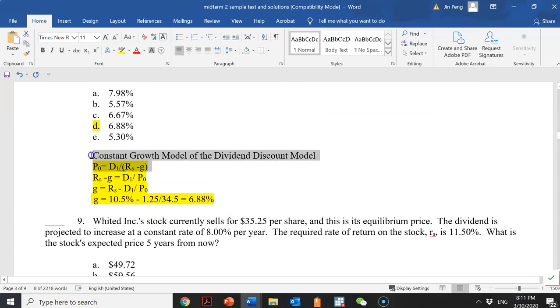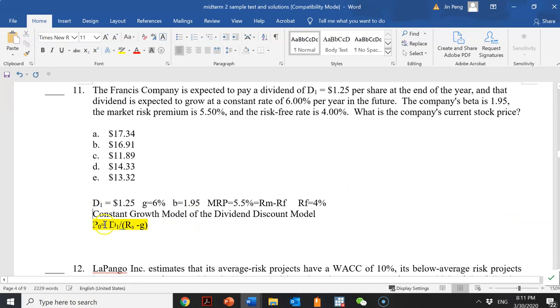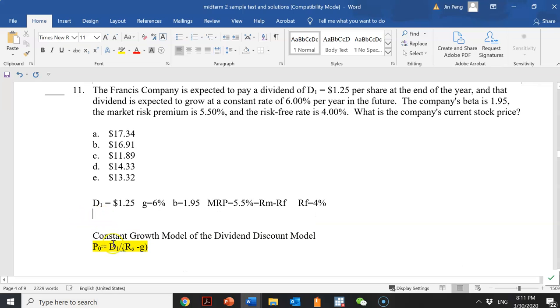Okay, I'm going to copy the model as well. That's going to be P0 equals D1 over RS minus G. However, we know D1, we know G, we do not know RS here. We need to solve for RS. We don't know it, but we know beta, market risk premium, and risk-free rate.